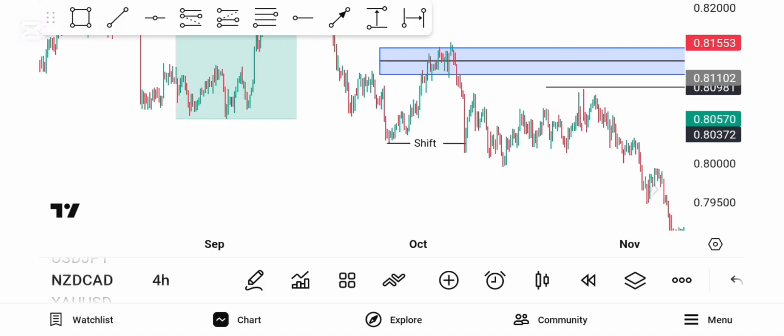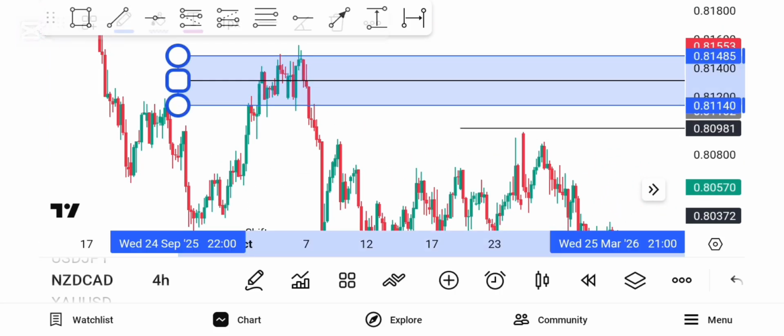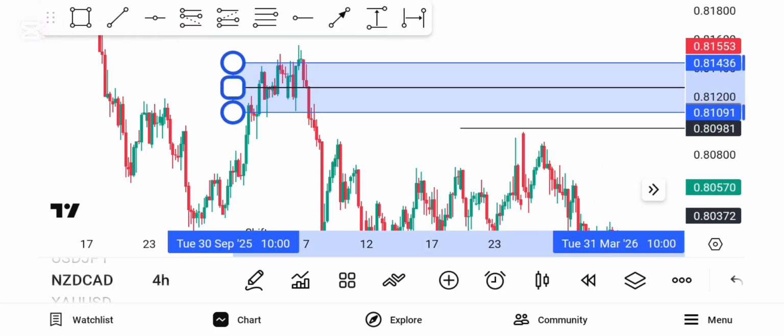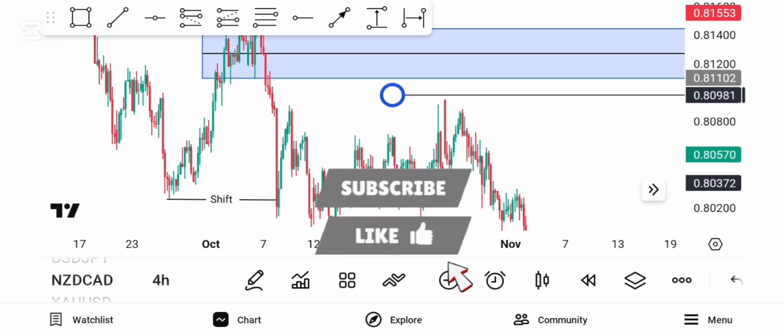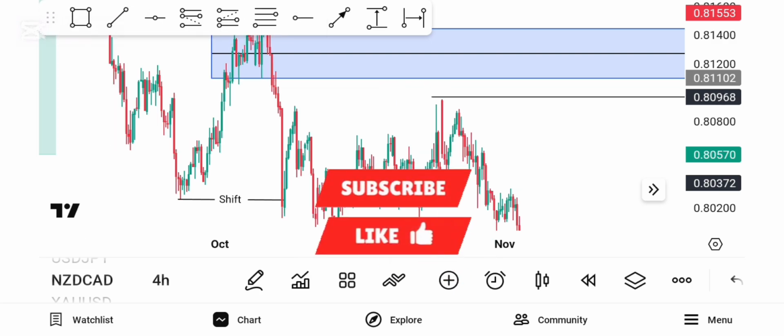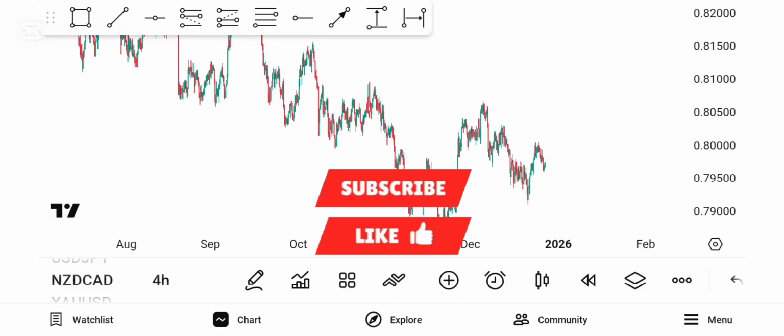This is the breaker block. Breaker block here, and a liquidity above it here. So we were expecting it to come and tap us in here.